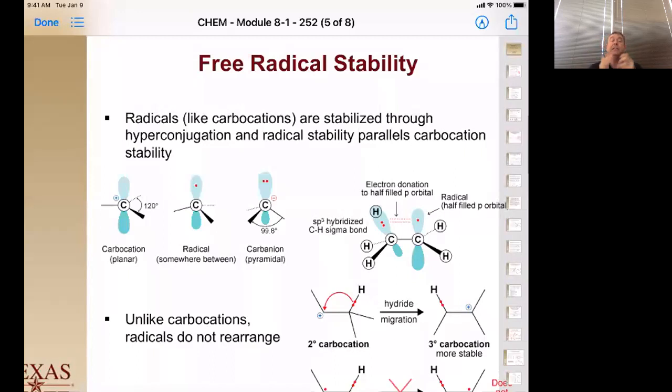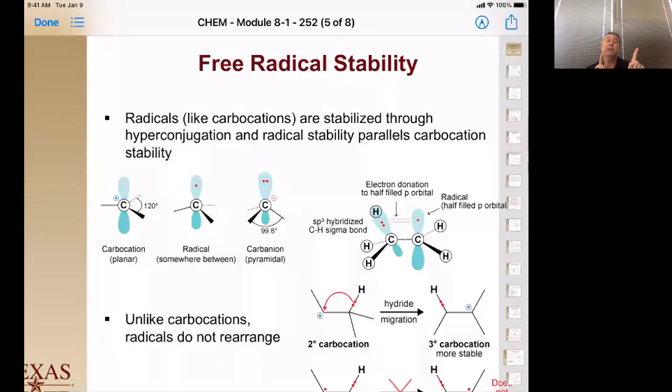Instead of having an empty orbital, we have one electron in that p orbital. That one electron in that p orbital starts pushing the other groups away. It's not trigonal planar anymore, but it's not all the way to a tetrahedral structure as if we have a lone pair on there and a carbanion.